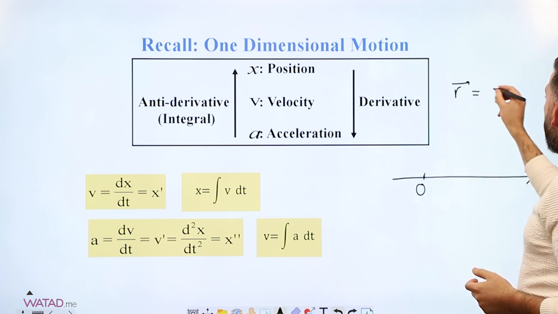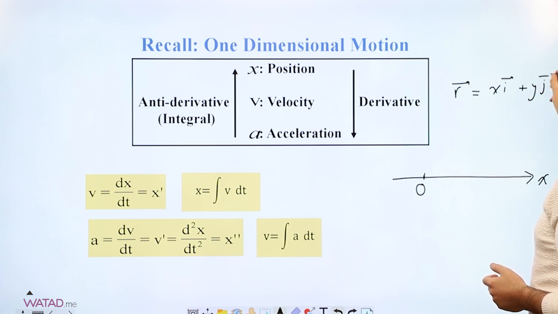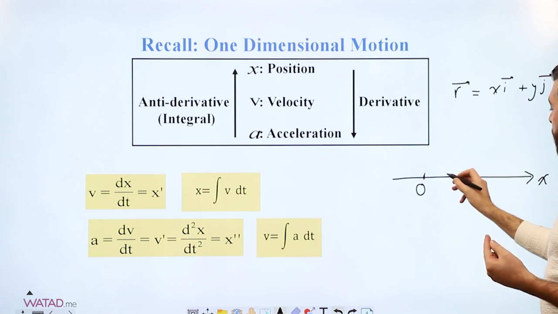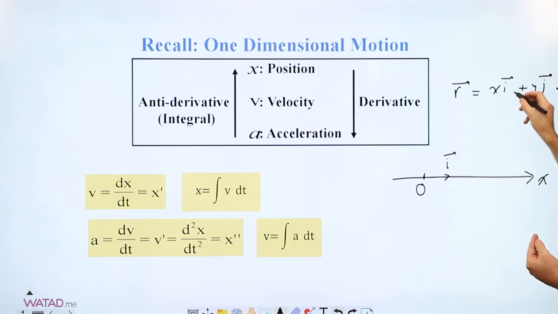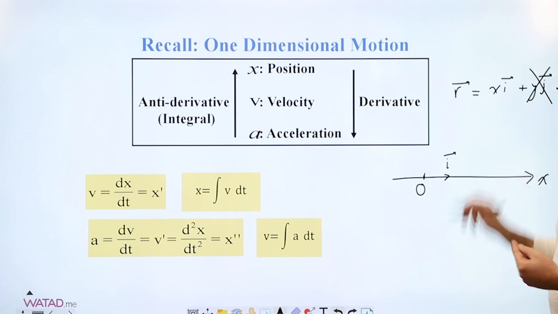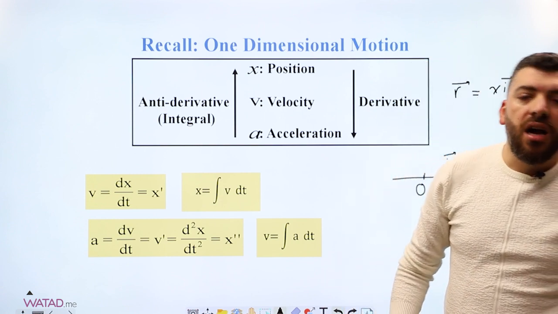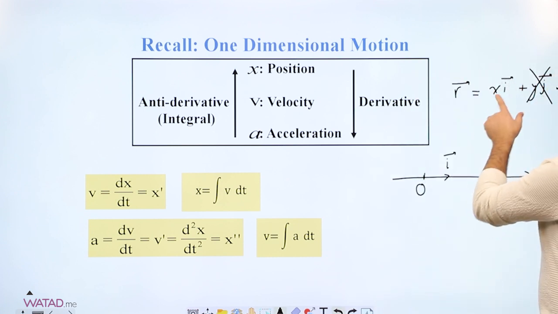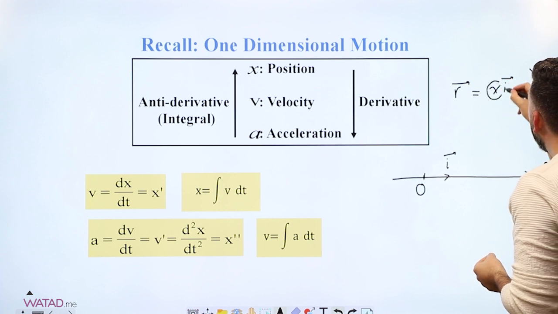Because r in 2 dimensions is xi plus yj meter. So in 1 dimension, we have only x, and this is the unit vector i. So we have only xi. There is no j. So since r is xi, why keep saying r is equal to i, r is equal to minus 7i, r is equal to 5i, etc.? Since we know it's only i, we use x.